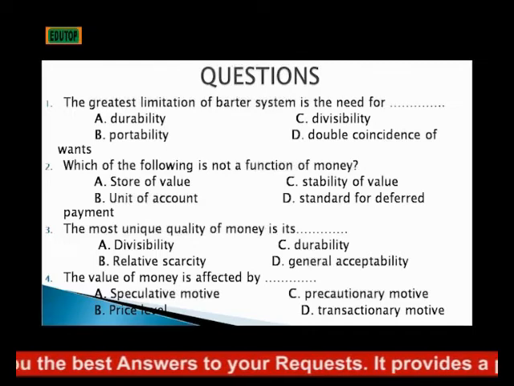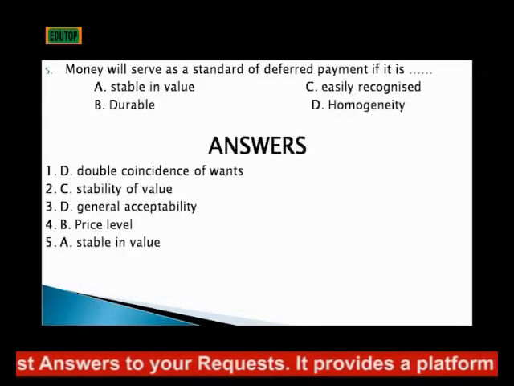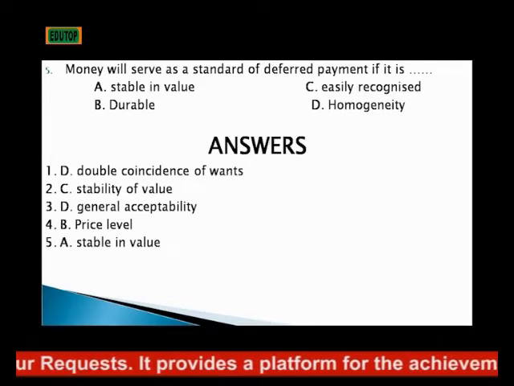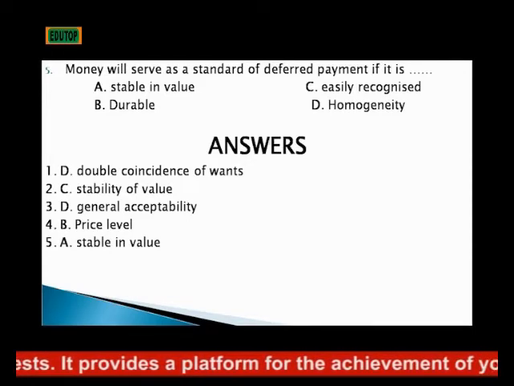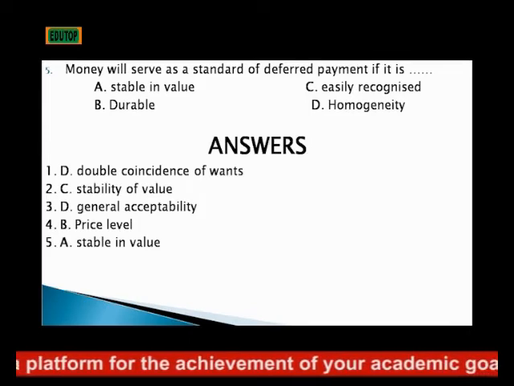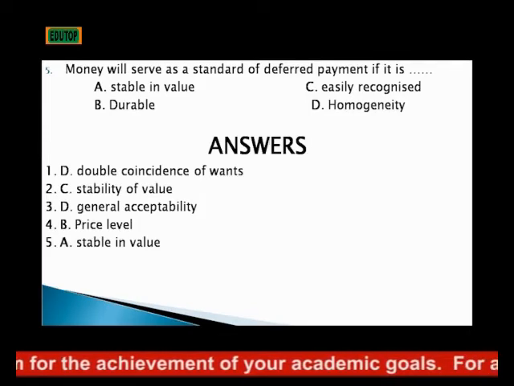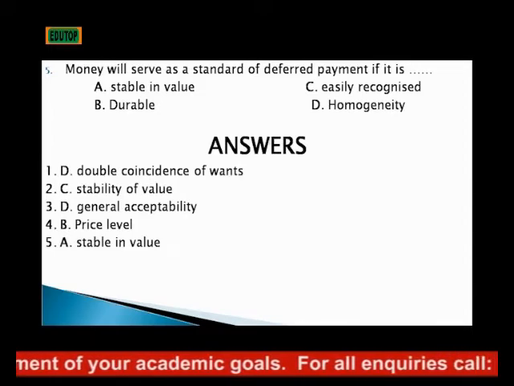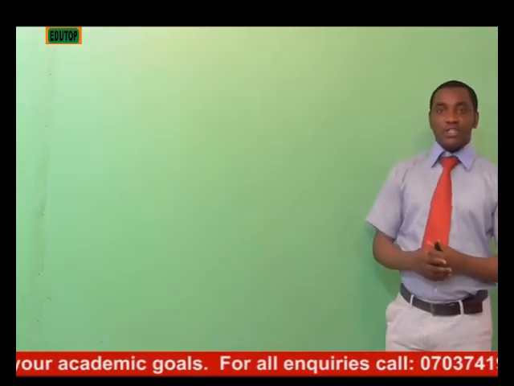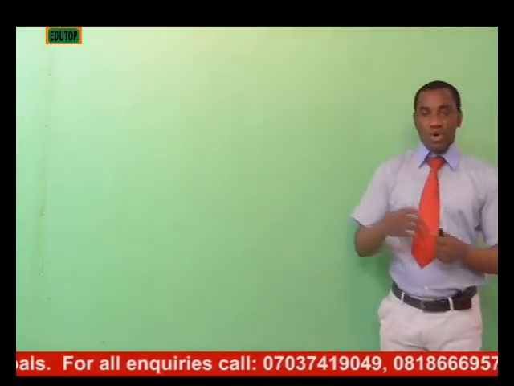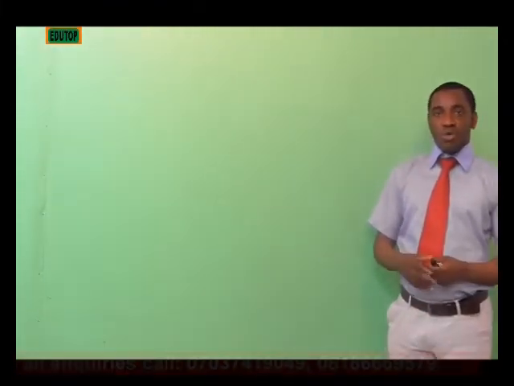D. Transactionary motive. And number 5. Money will serve as a standard of deferred payment if it is dash. A. Stable in value. B. Durable. C. Easily recognized. And D. Homogeneity. Now let's take it one after the other and see the correct answers to the questions.